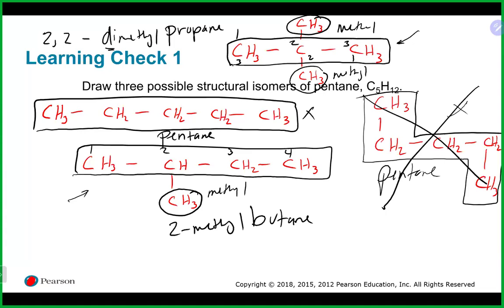Now, there was a question earlier about whether you can draw maybe a cyclic structure. The answer is you're not going to be able to do that in this case. What happens if I draw this, which is 1, 2, 3, 4, and 5 carbons? How many hydrogens does that have?